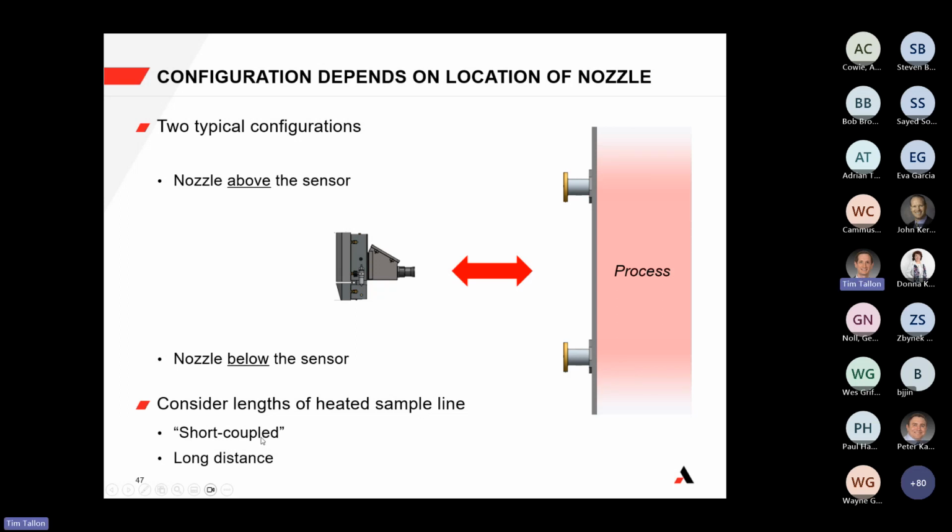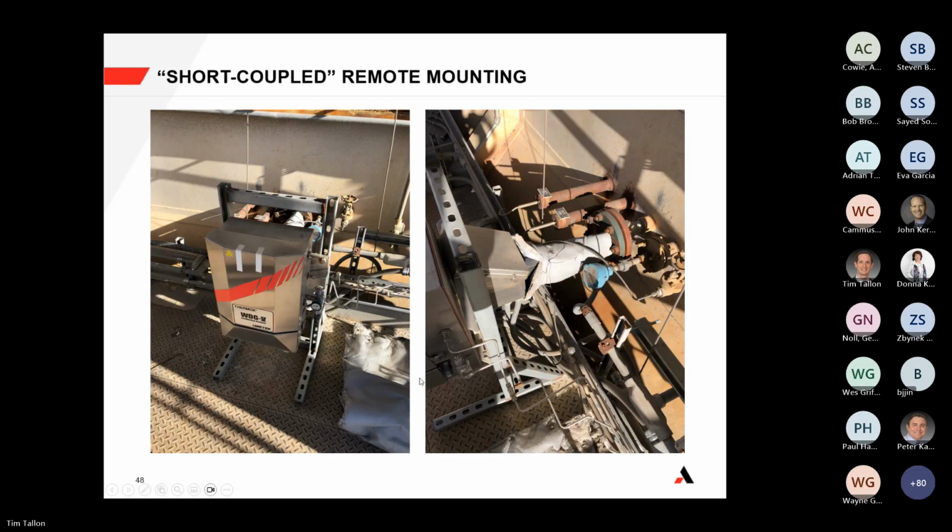But to give you an example of a short coupled system, this is a unit that I saw in the field where, if you notice, the process flange is actually not accessible to be close coupled.